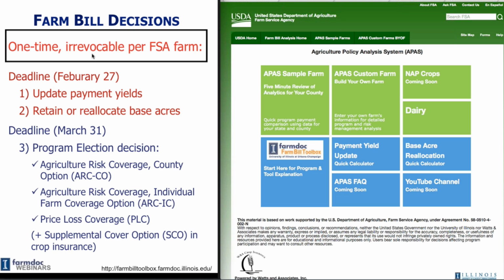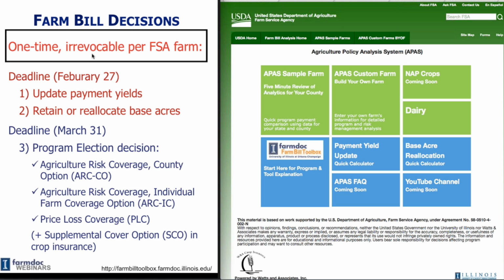Again, we want to emphasize the fact that these deadlines are not coming up next week. At the same time, this is the time frame when you should be doing your homework, gathering your materials, gathering the information you need to make an informed decision about the programs. When we say it's best to delay the decision, we don't mean you should go into the FSA office on February 27th and expect to walk right in and make a decision.